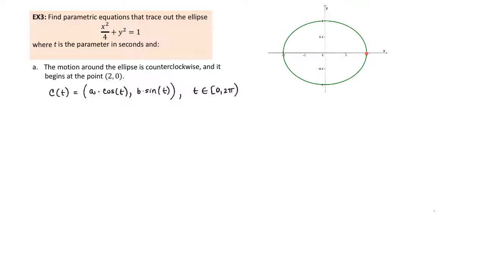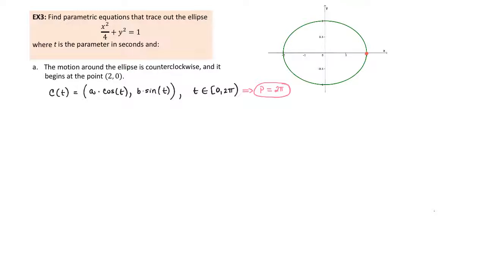This is telling me practically that the period of this curve is going to be 2 pi. This is clear. I know that you know that. I just want to write it down here for the record because the period is going to change in part B of this problem.